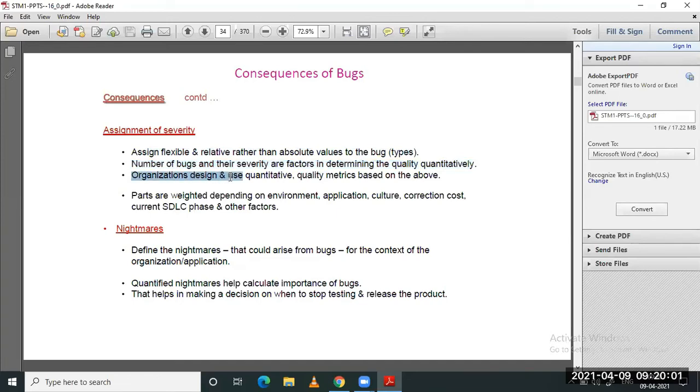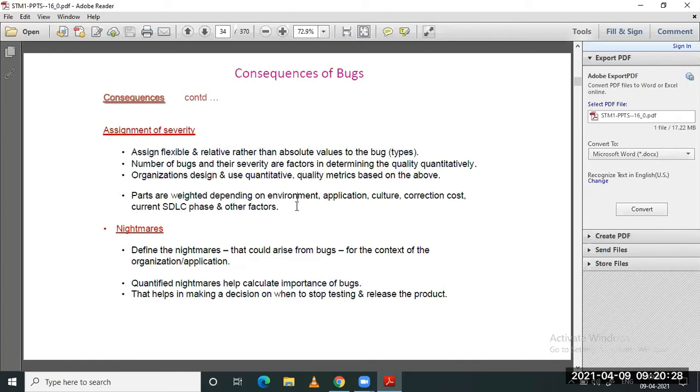Organizations design and use quantitative and quality metrics based on the above. Parts are weighted depending on the environment, application, culture, correction cost, current SDLC phase and other factors. That means the assignment of severity is how much severity it is, assigned flexibly and relatively rather than as an absolute value to the bug.